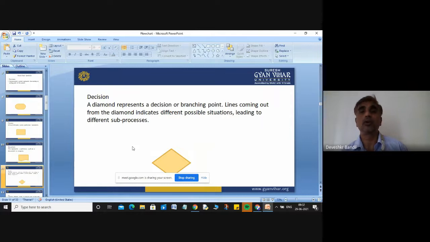So here you will take the decision. Your decision will always be represented in a diamond shape. Lines coming out from the diamond indicate different possible situations leading to different sub-processes. So in the diamond shape, you will always represent the decision.